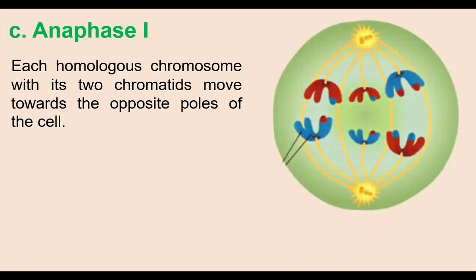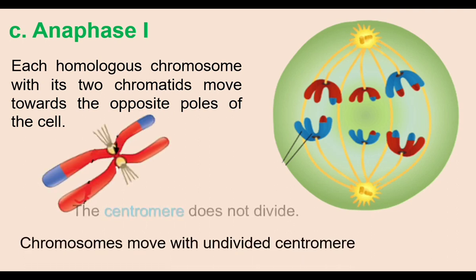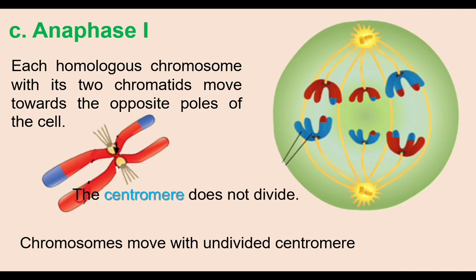Chromosomes move with an undivided centromere. The centromere does not divide, so the chromosomes move with their chromatids.